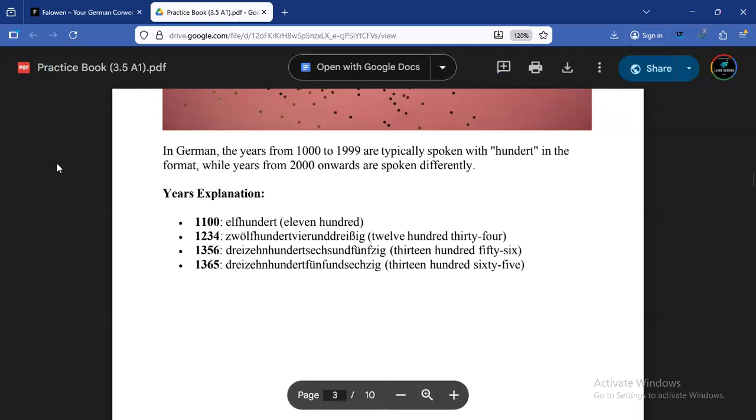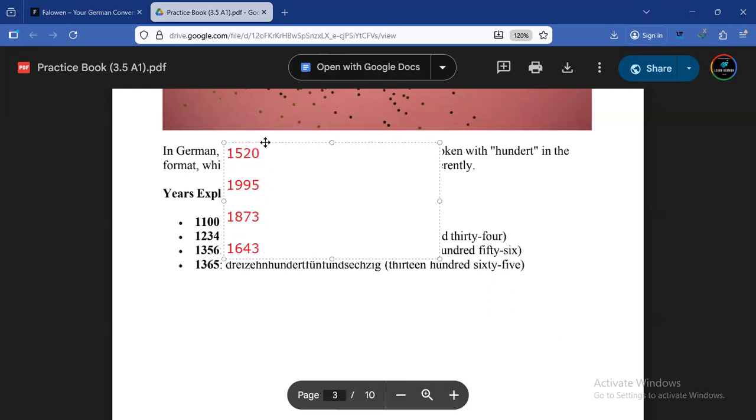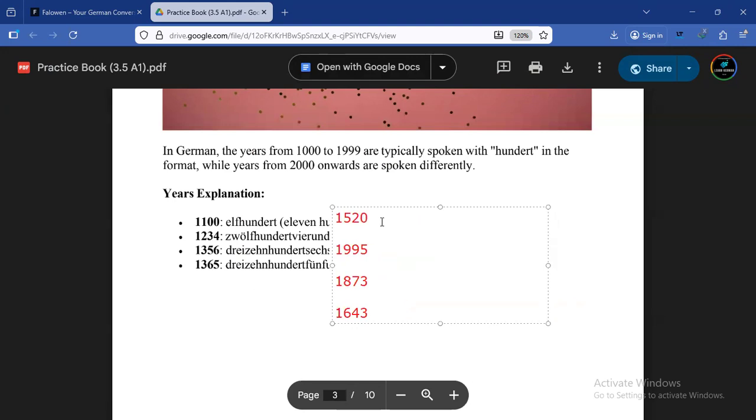If you check English, we say maybe 1520, or 1995, or 1873, or 1643. German too has the same structure. The only difference is that we are going to put hundert in the middle. So for 1520, we say fifteen hundred twenty.